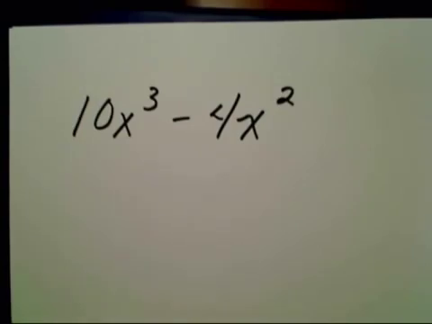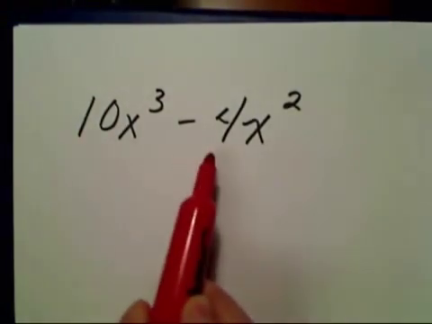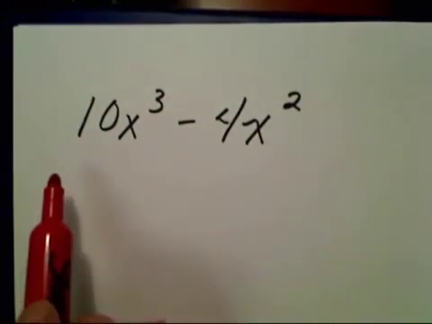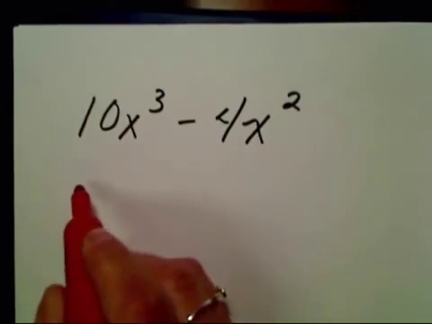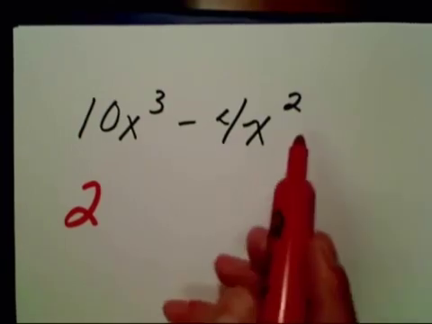In this example, we have 2 numbers, 10x cubed minus 4x squared. The greatest number that goes into both of those, I always break them apart. I look at my numbers separately, then my variables. My numbers are 10 and 4. Those are both even numbers, and so the greatest common factor is 2. Once again, for my variables, the greatest common factor is the smallest exponent.